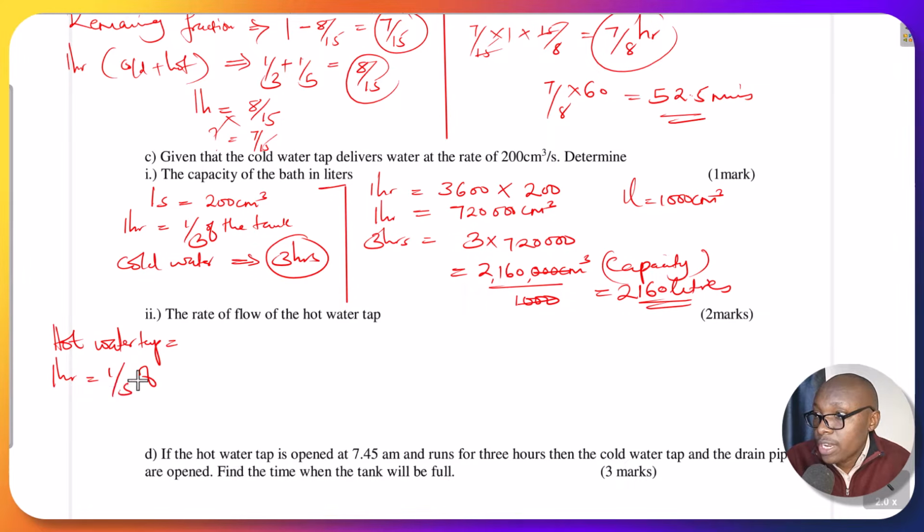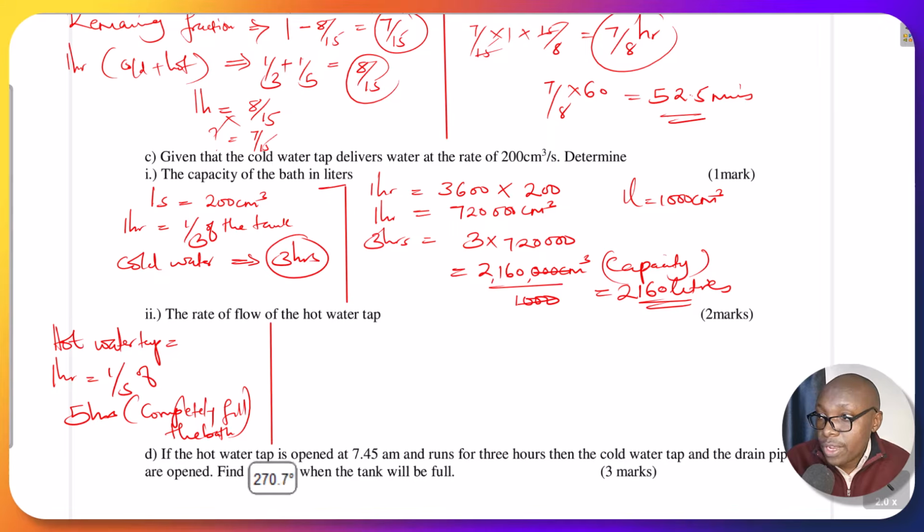So to completely fill the tank, or fill the bath, it will use 5 hours. If in 1 hour it can fill 1/5 of the bath, that means to completely fill this bath, it will take 5 hours.